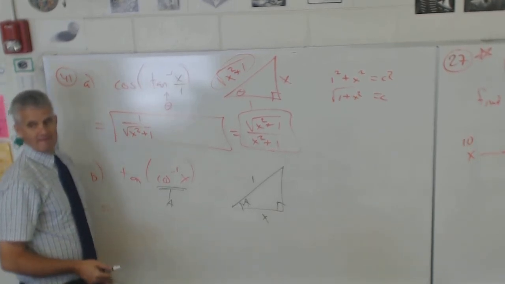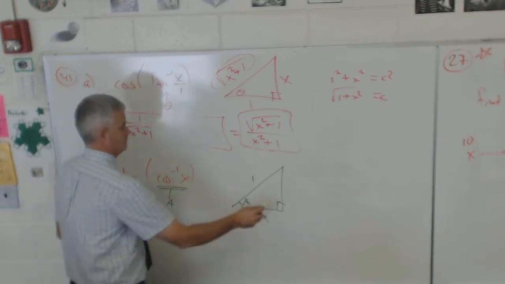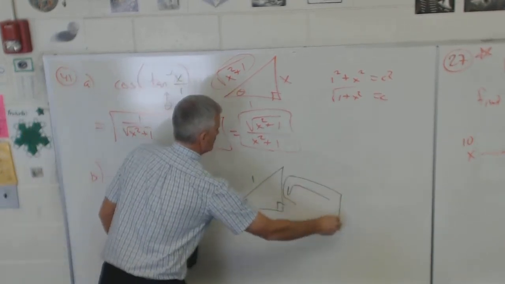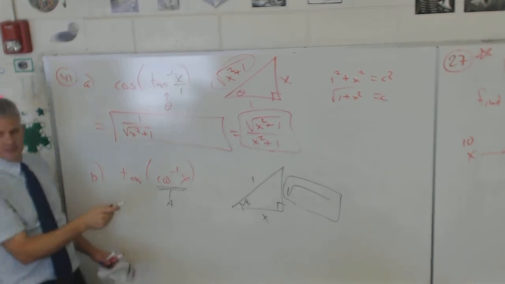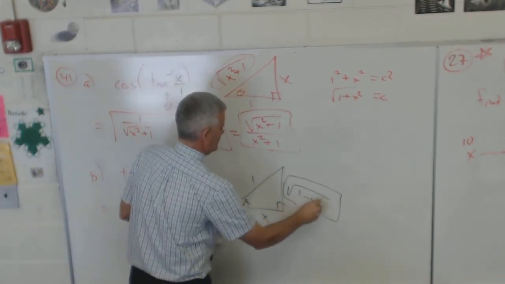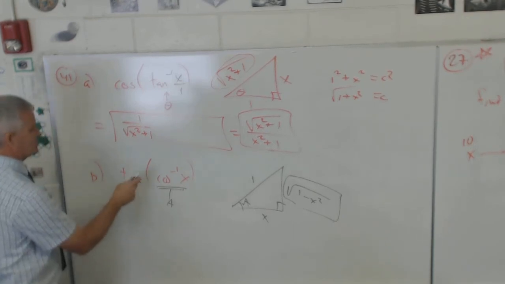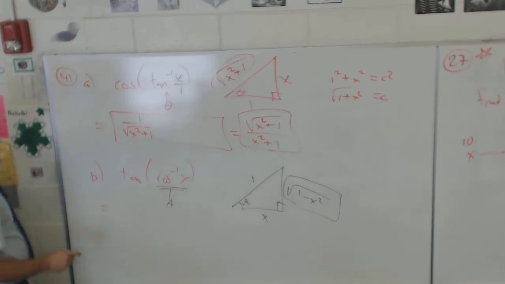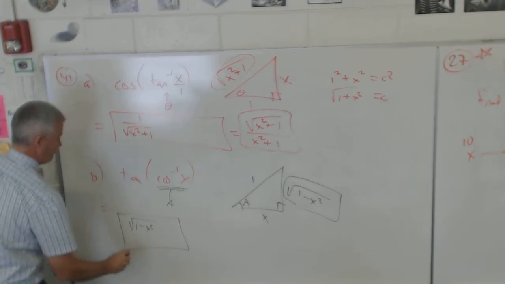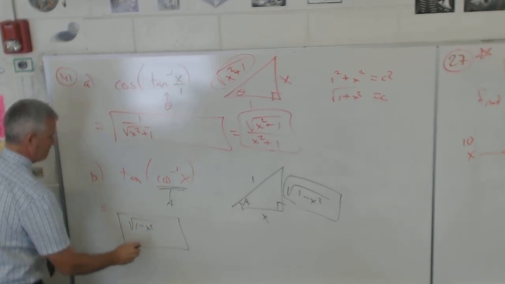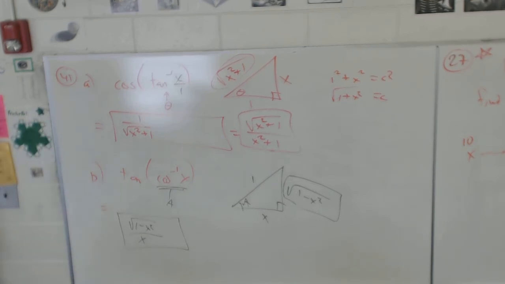The square root of 1 minus x squared. Right, it's hypotenuse squared minus adjacent squared. Perfect. So what's the tangent of the angle whose cosine is x? Square root of 1 minus x squared over x. Perfect.